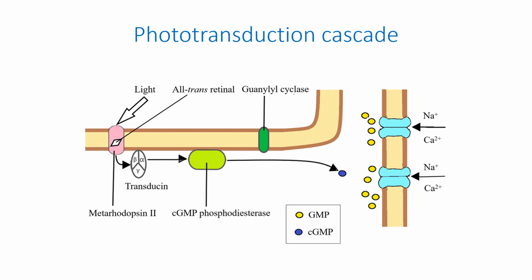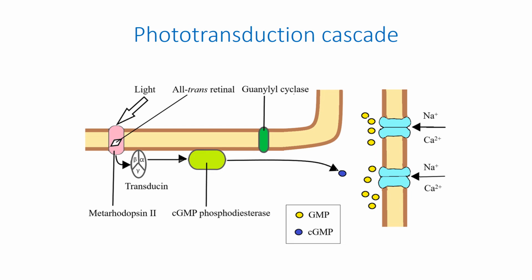The latter stimulates the intracellular messenger G protein called transducin, resulting in the liberation of its alpha subunit, which activates cGMP phosphodiesterase.